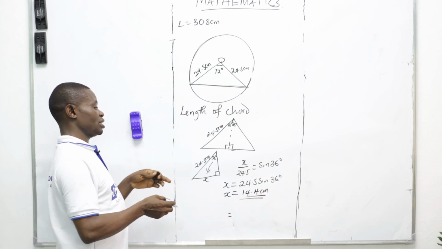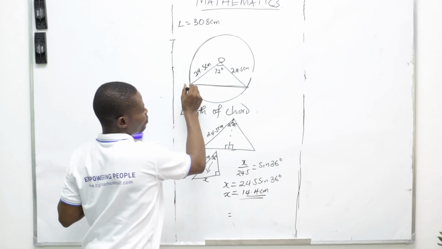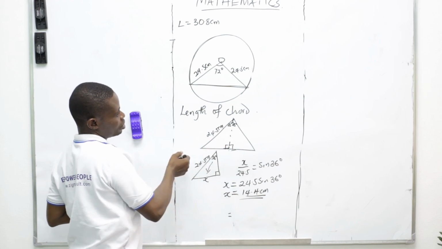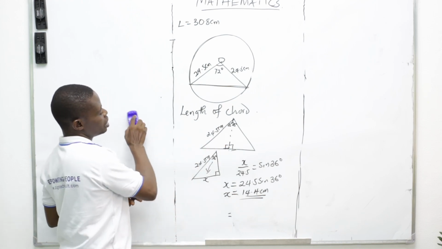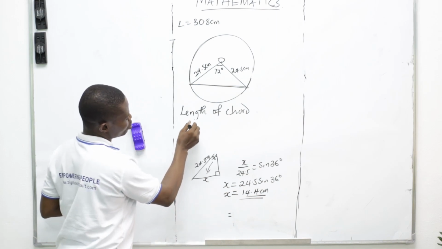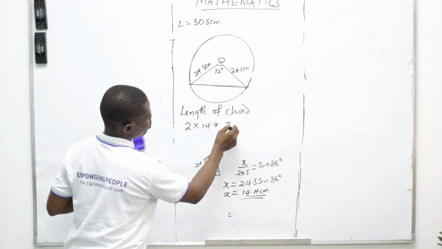But recall that it's only one part you have. Chord is from here to here. So since here is one part, it then means that the length of chord will be what? 2 multiplied by this value to give us what?